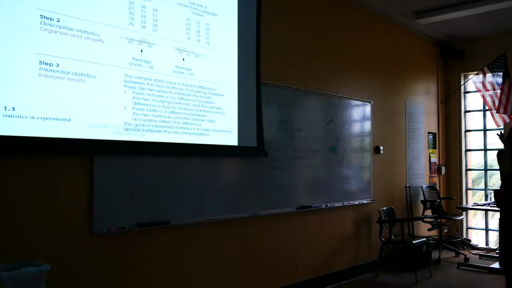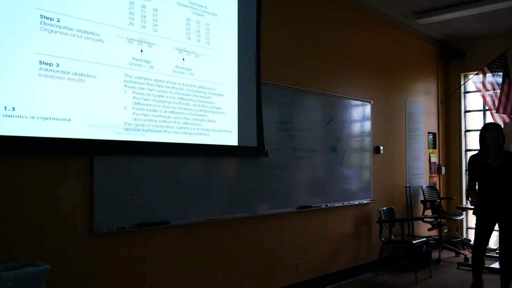So if there's too much of that, then we can say that there is no real difference. That meaning that the method of studying doesn't have much to do with why these things are different. It's because of chance, something we can't control because of confounding variables.